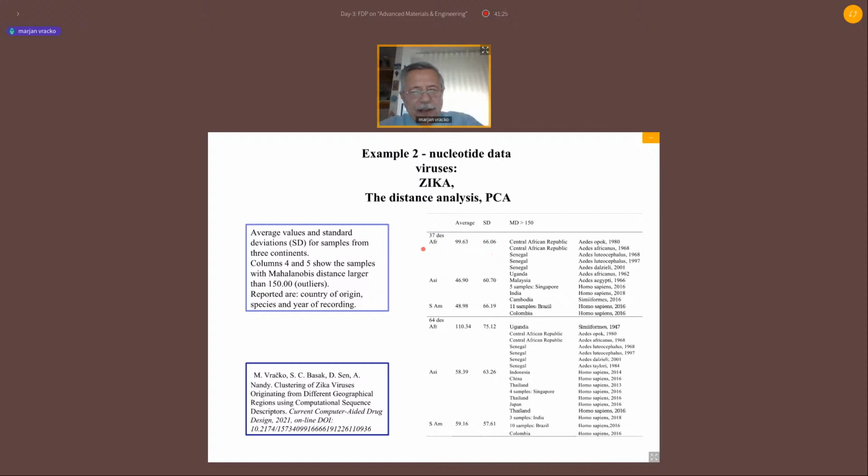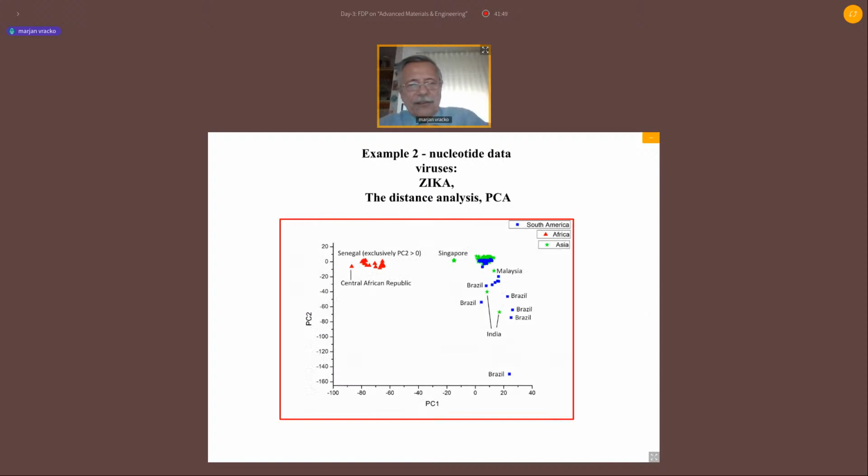We can see that the average value of Mahalanobis distances from Africa samples is twice as large as for Asia and South America. So they are somehow separated from the other set. And this is confirmed here in this PCA picture.